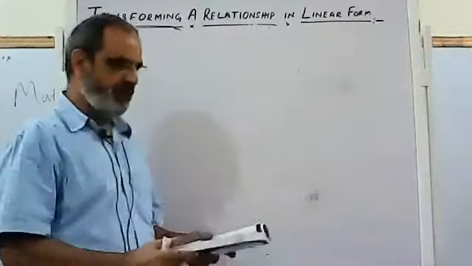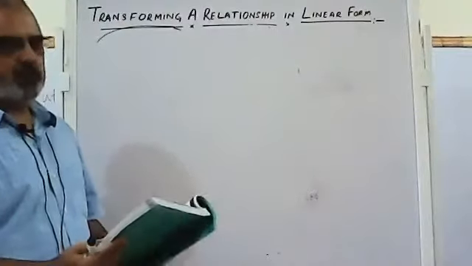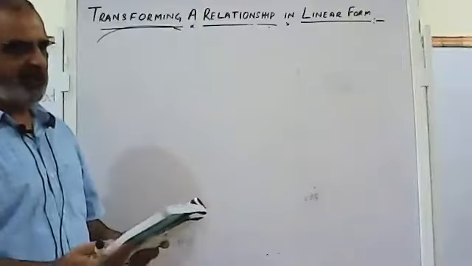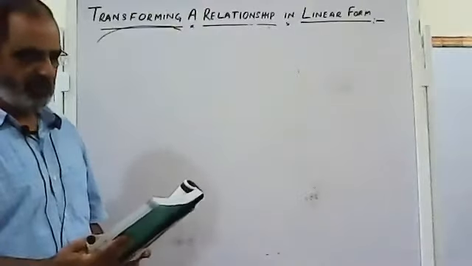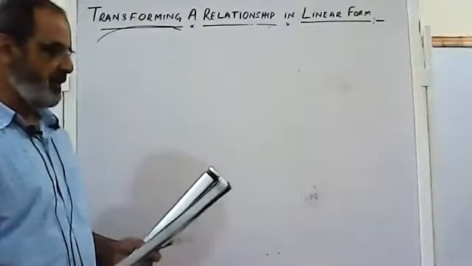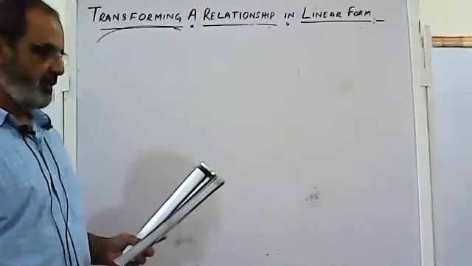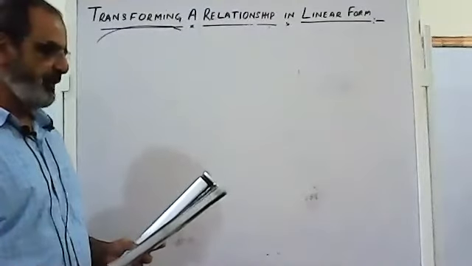I have sent you a worksheet about exercise 2H. So just look at that worksheet so that you can read the question instead of listening to me. Worksheet is with you. I'm going to solve one part of question 1.